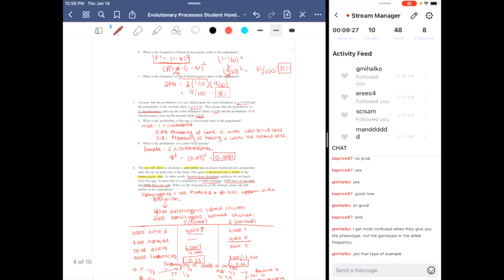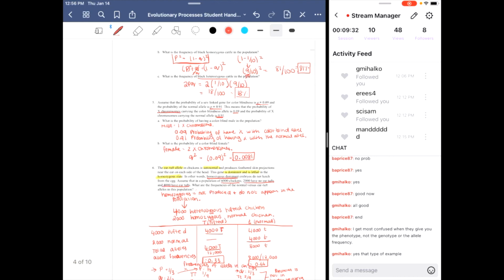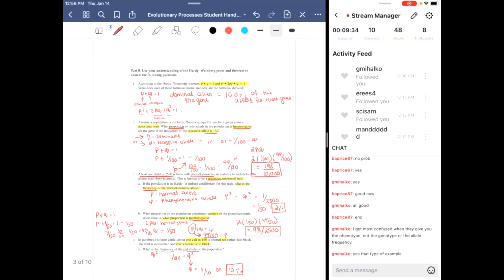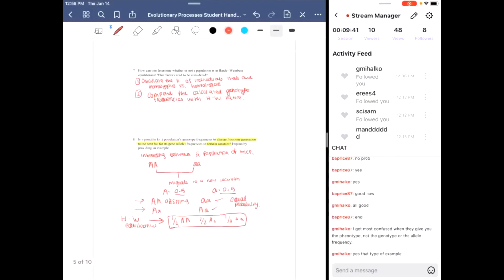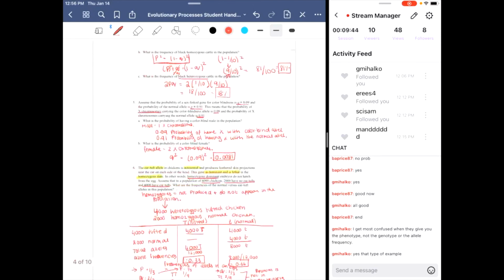I believe we went through an example problem. Let's see. Yeah, like here, for question 6, it's saying that it produces feathered chicken projection, so that's a phenotype, and a lot of the time that can be confusing about what does that exactly mean?